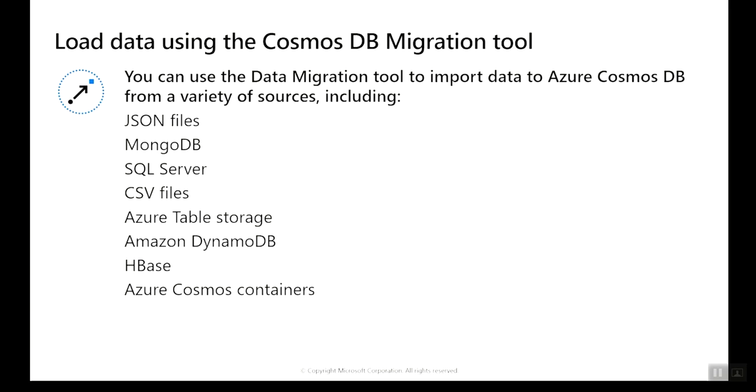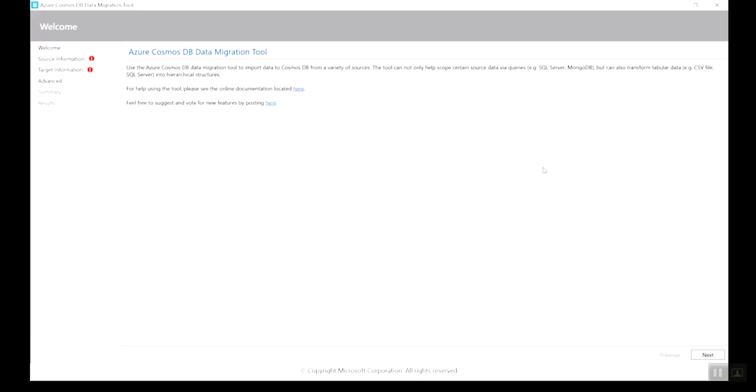So let's take a look at how we can use the Azure Cosmos DB migration tool to load some data into the Azure Cosmos DB database that we just set up. I've opened up the Azure Cosmos DB data migration tool, and this is what it looks like. I've downloaded this from GitHub, and I need to provide it some information, the source and the target information.